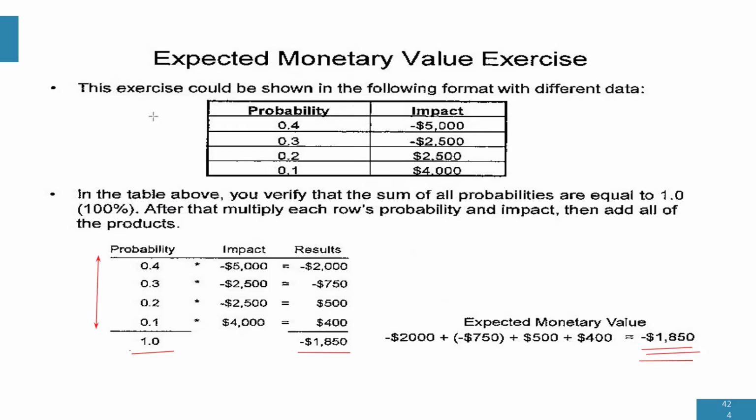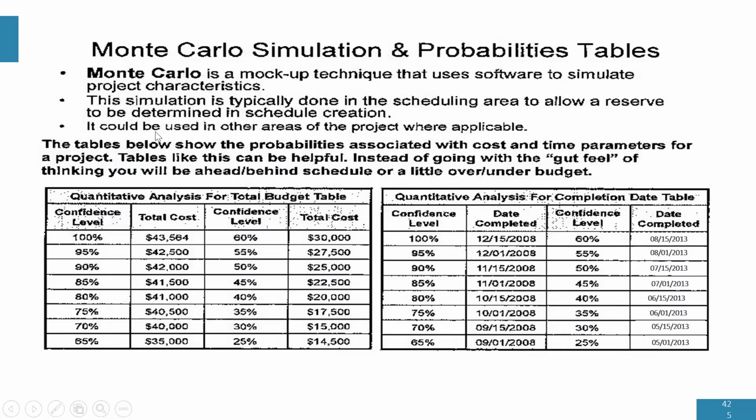So it is a very powerful concept where expected monetary value can help us to calculate how much money we should have in reserve. Another tool you can use is Monte Carlo simulation, which is a software that simulates based on probability. Let's take, for example, your current project budget is $41,000.